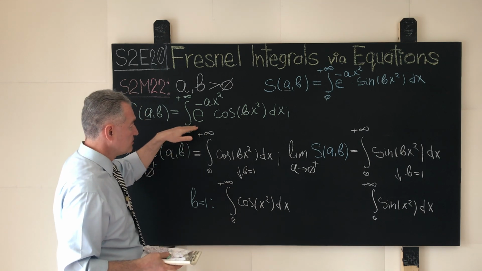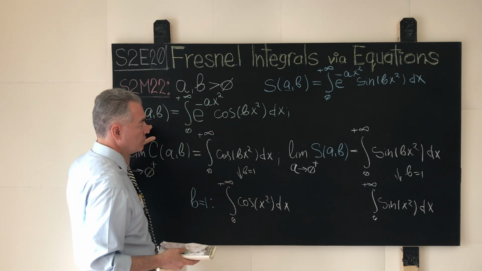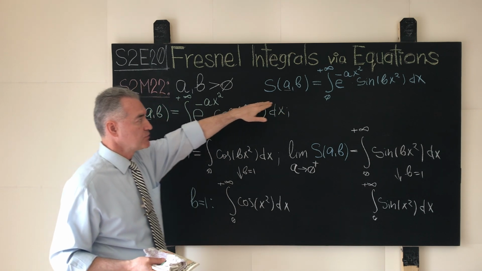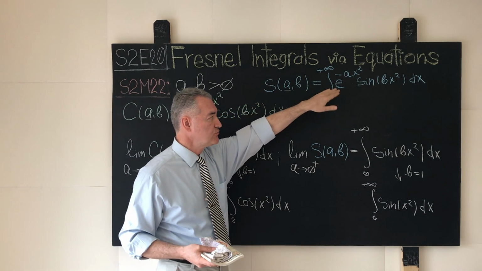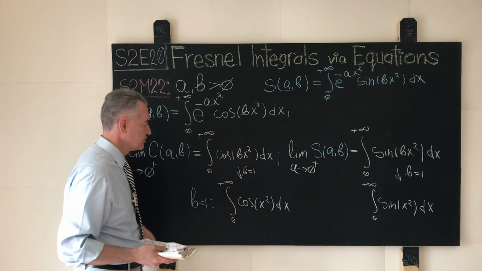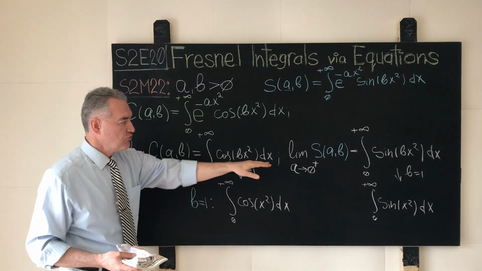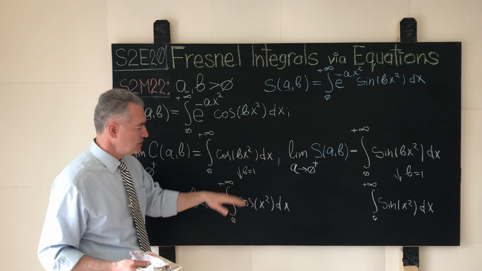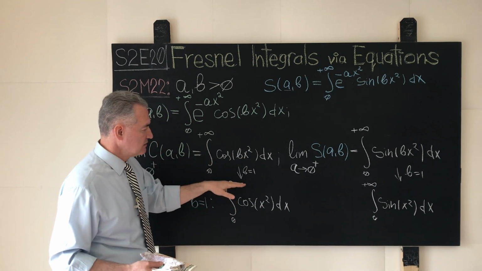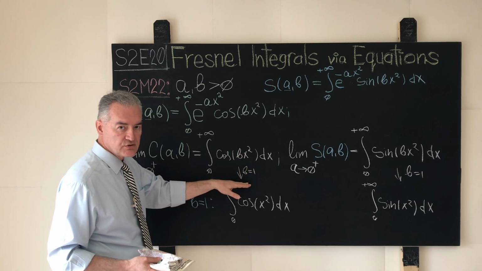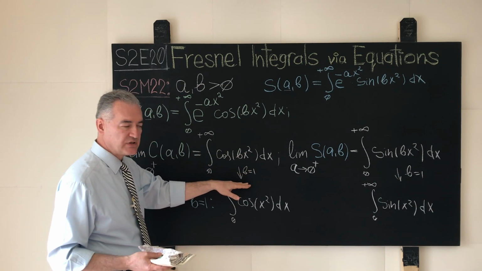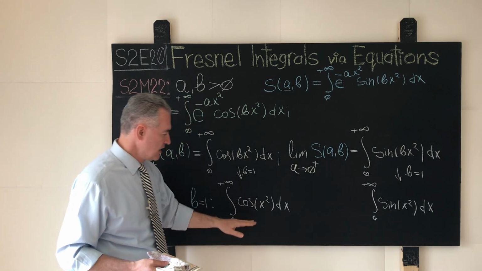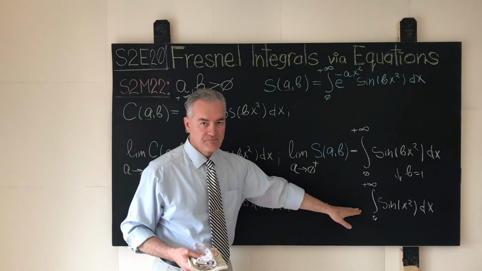Prove that the integrals C of a and b and S of a and b represent functions that are continuous over a by using the uniform convergence of the underlying integrals. Take the limits of both functions when a tends to 0 from the right, and obtain slightly less generic integrals that are right in the wheelhouse of the Fresnel integral. Set the parameter b to 1 here and there, and obtain the value of the Fresnel integrals.